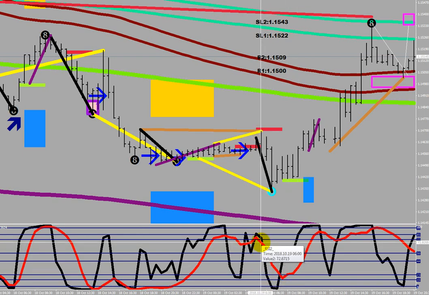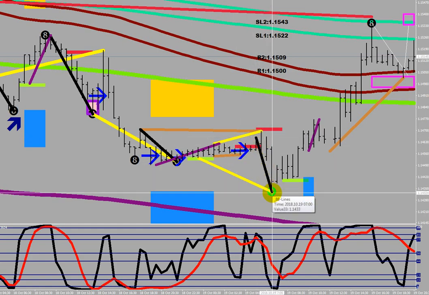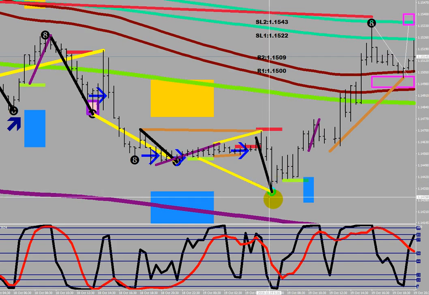Clearly this is way higher than the reading over here. That was your continuation, and when this flag played out, you had the extension move, which was, by the way, a terminal wave, and in this case it ended with a 9.